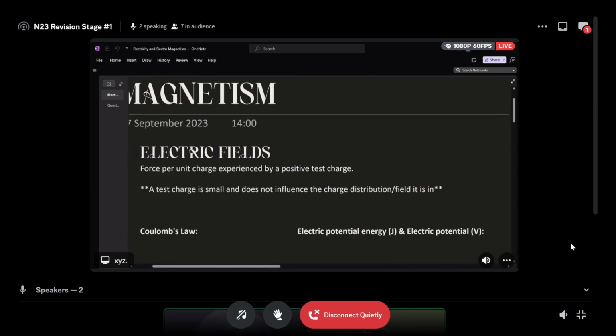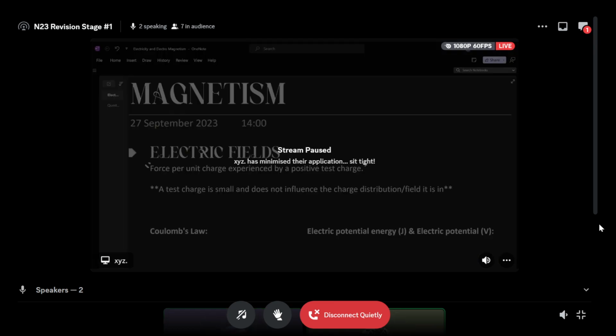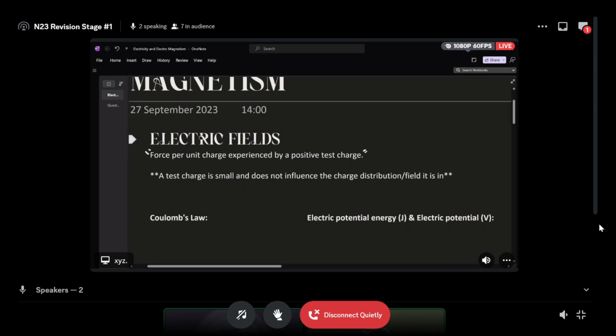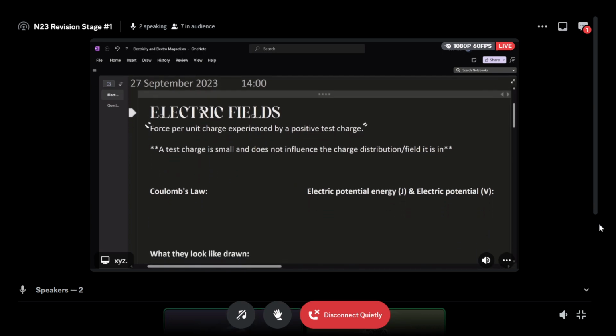First of all, this is the IB definition of an electric field. Oh, my screen disappeared. It's back. It's the force per unit charge experienced by a positive test charge. It's important to note that a test charge is small and does not influence the charge distribution in the field that it is in.